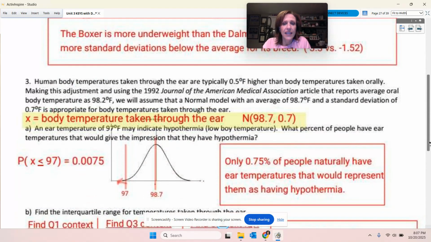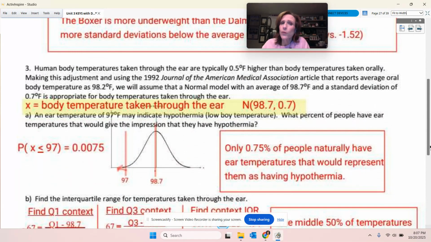All right, now here you have to read carefully. That is just one thing that I think you guys do: you look at the paper and you don't even dive in and start reading and comprehending what it says, or at least the students that I've seen have trouble. So this is talking about the average temperature, taken with the mouth or with the ear.